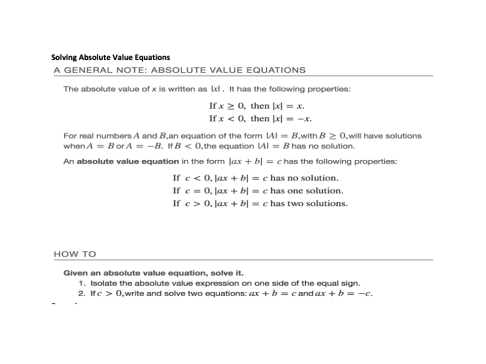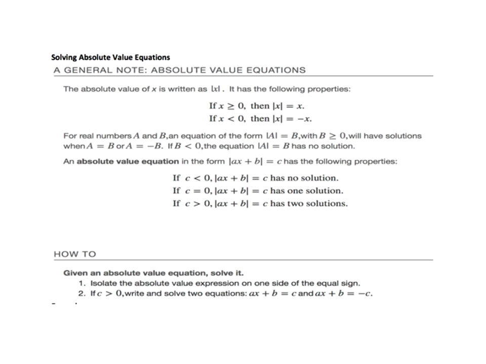Okay. Absolute value equations. So real quick, a general note about absolute value equations. If the absolute value of x is written as absolute value sign with the x in the center, then it has the following properties.